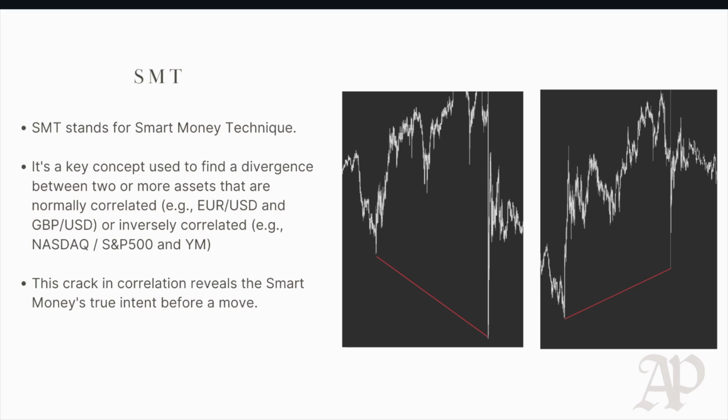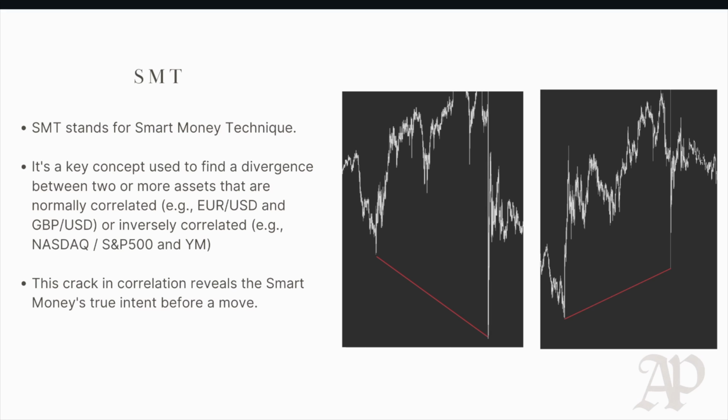Because this is a core part of trading with the algorithm: SMT stands for Smart Money Technique, and it's all about finding a crack in the correlation between two assets that are supposed to move together. For instance, EUR/USD and GBP/USD, or for the indices, the Nasdaq, ES, and Dow Jones.